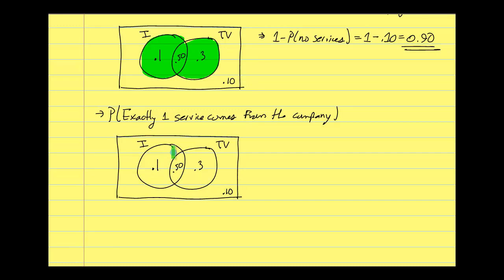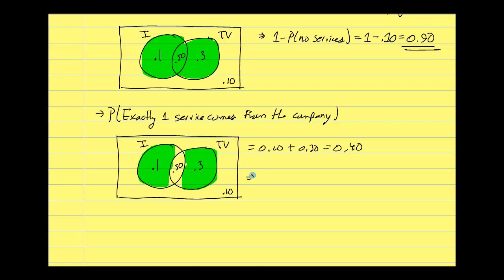So remember, what we're looking for here is exactly one. Well, this could happen one of two ways. It could be only internet, or it could be only TV. Now if it's only internet and only TV, what that is basically is just the 0.10 plus 0.3 is 0.40.